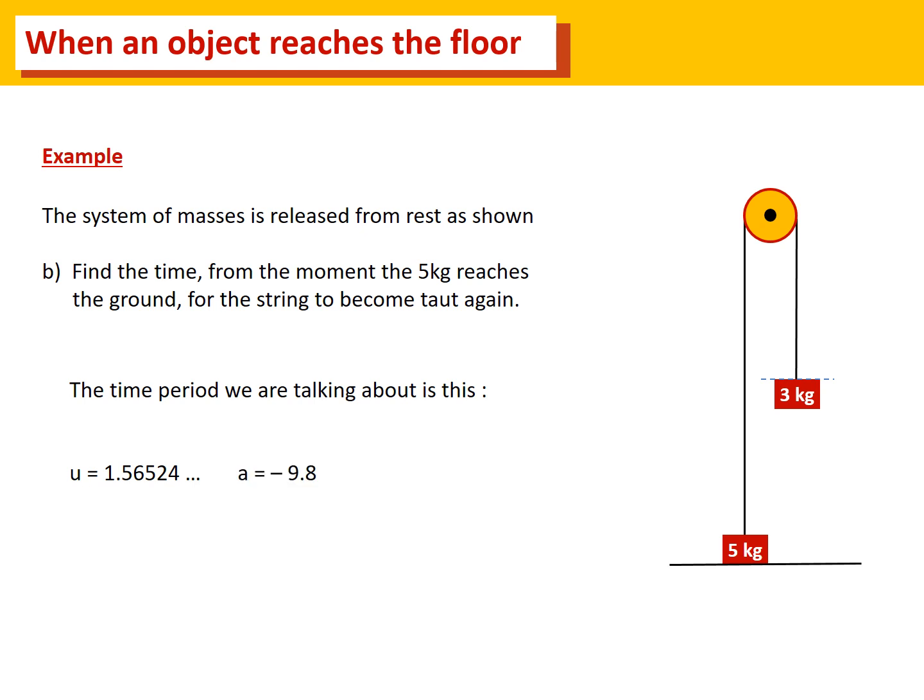It's travelling freely under gravity, so a is negative 9.8. We want the time it takes to go from here upwards and back down again. Therefore, its displacement is 0, and we need to find t. So using s equals ut plus a half at squared, substituting in our values, we obtain 0.319 seconds to 3 significant figures.